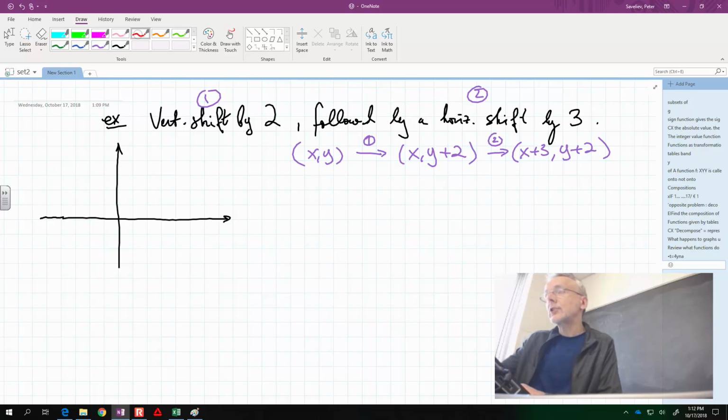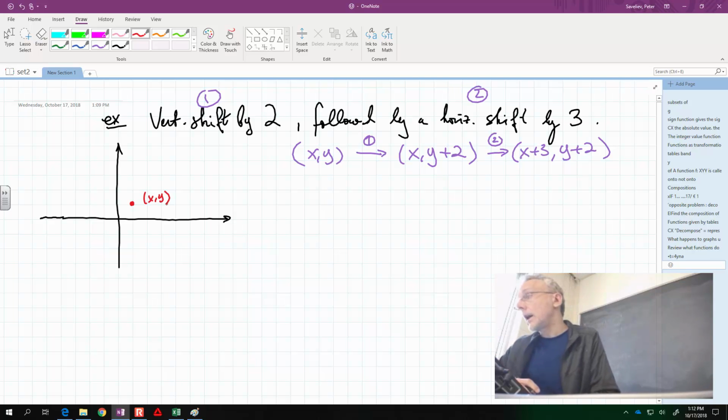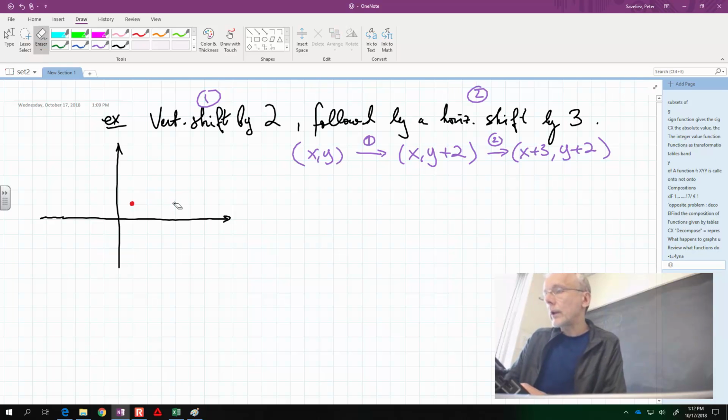So I take a generic point x, y, here somewhere, maybe here. As you can see, step number 1, x remains the same, and I move 2 units up.